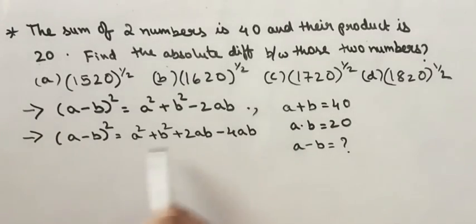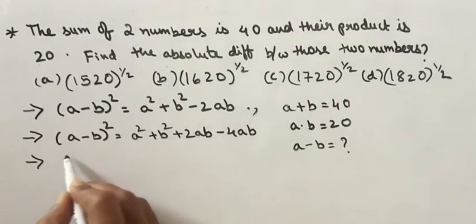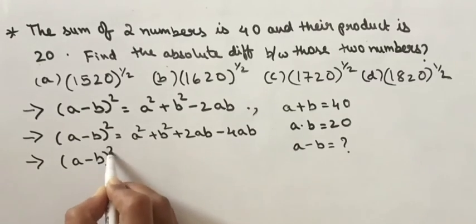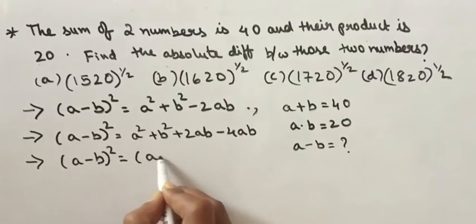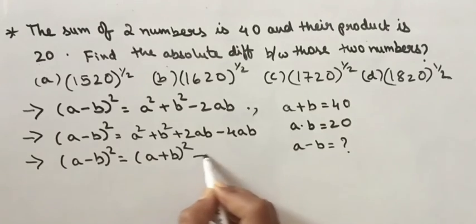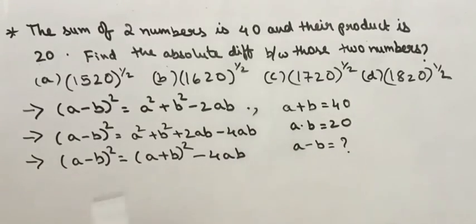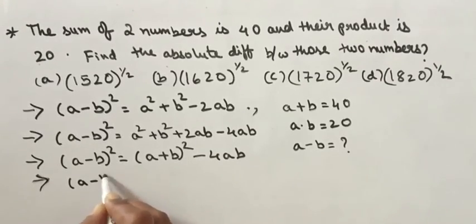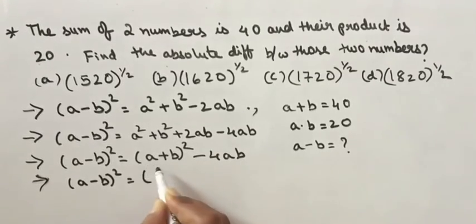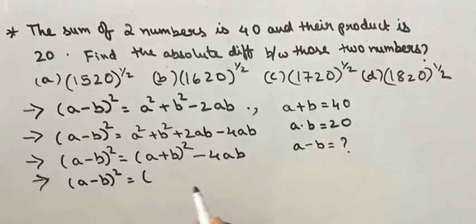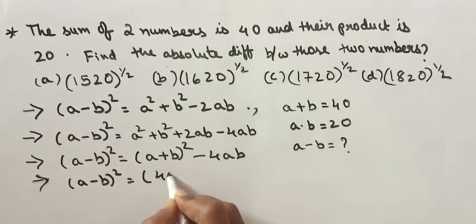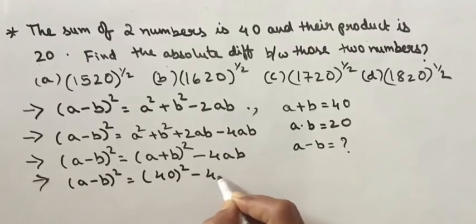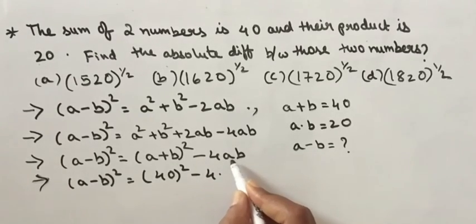So I am writing it like this because I can write it like this. Okay, now I will apply the formula. What is the value of a plus b? 40 minus 4 into, what is the value of ab? 20.